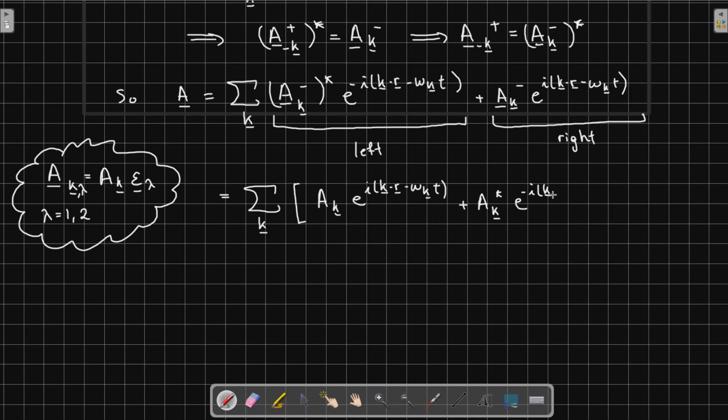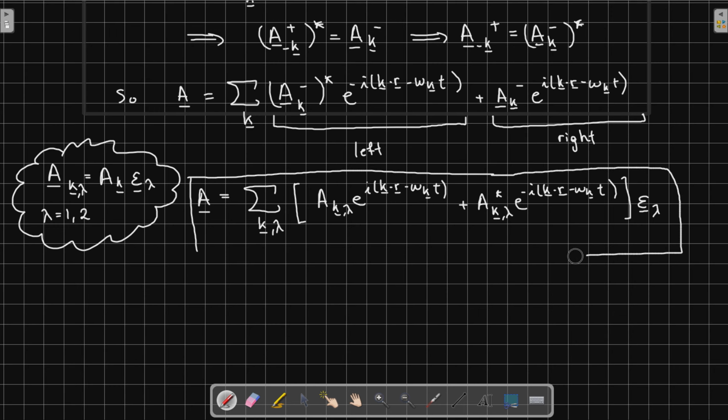And I will get this, all of this multiplied by a polarization vector, so we will have to add the lambda index here. There you go. So that's our vector potential. Quite a lot of hard work to get such a simple thing, and someone with good physical insight would probably be able to just guess this, but it's good to derive it more formally.